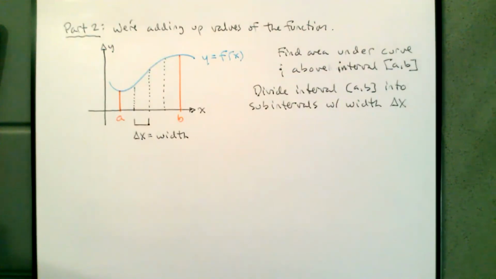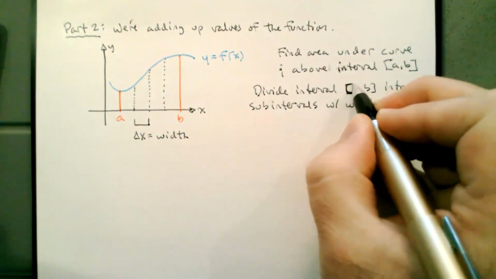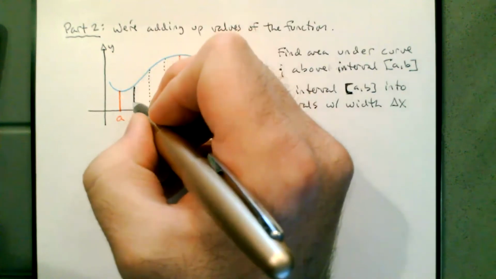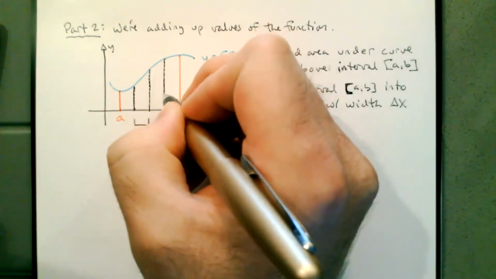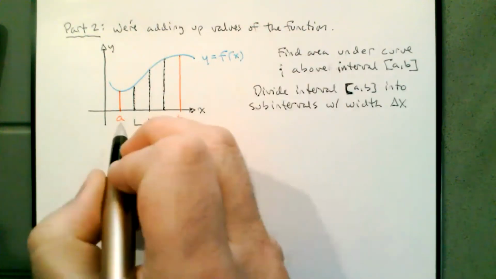Capital delta is the letter that we use to represent change, that triangle. So we're going to divide the interval AB into subintervals, each with a width of delta x. Each of these widths is delta x, and in this case we can see we have 4 subintervals.